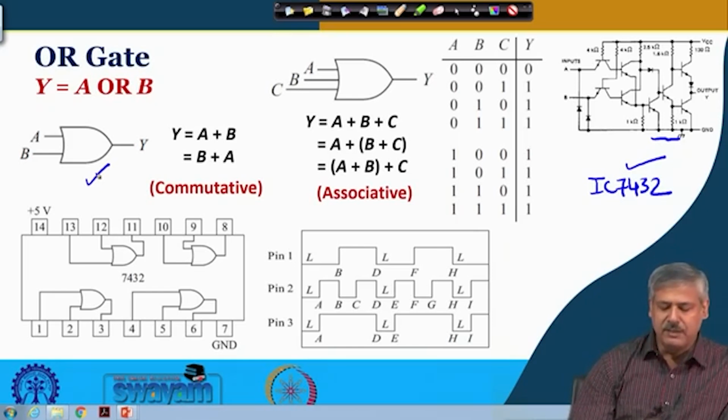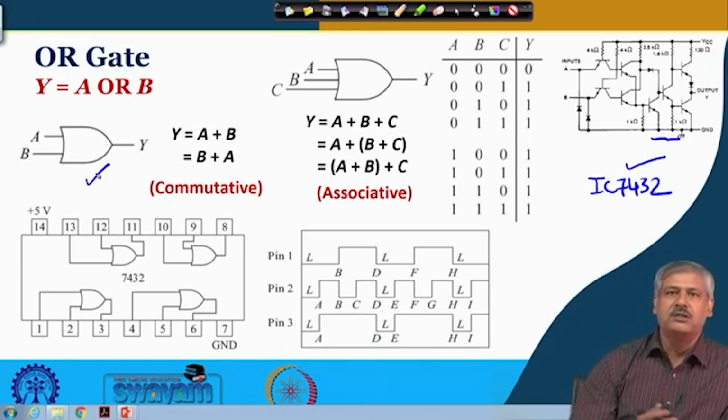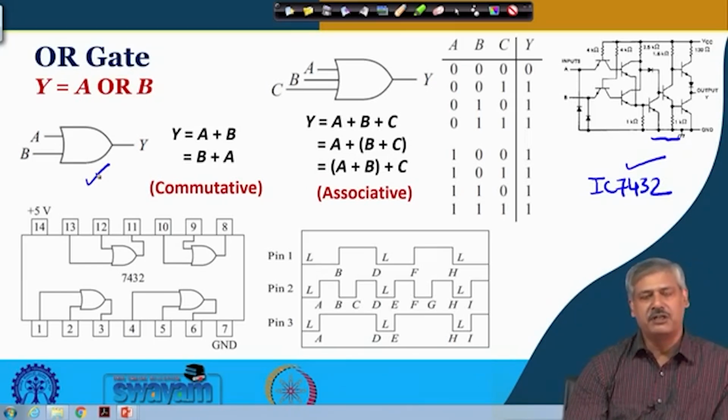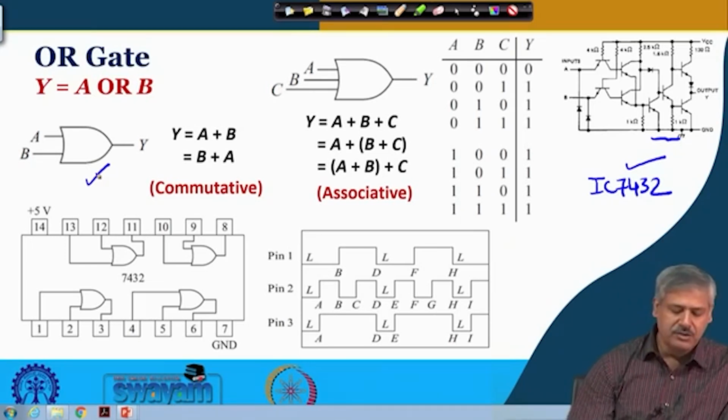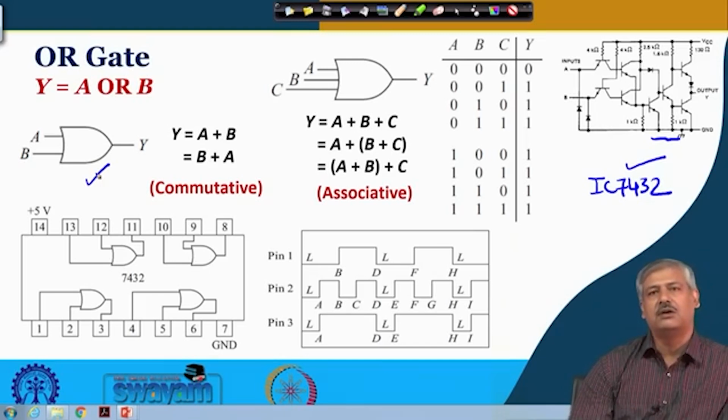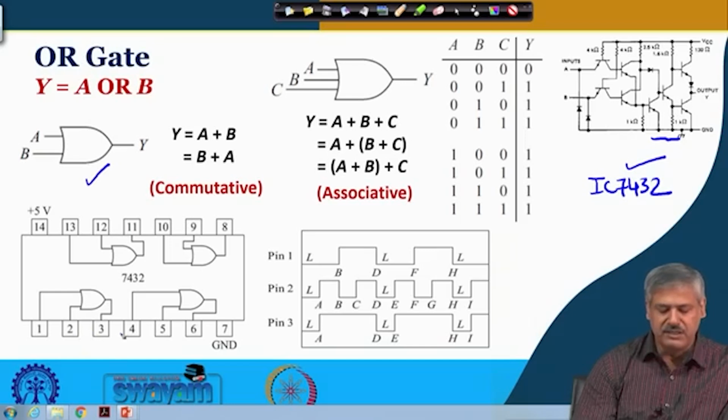And if you look at other representations like the timing diagram, for that we use the IC 7432. IC 7432 is again a TTL IC which has 4 OR gates inside it, and pins 1 and 2 are the inputs and 3 is the output.